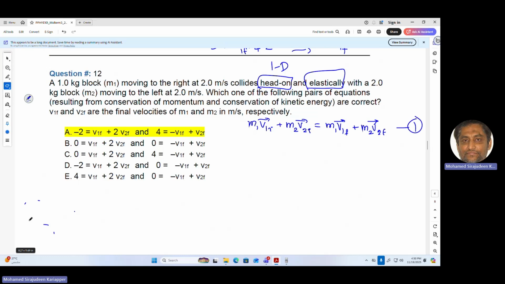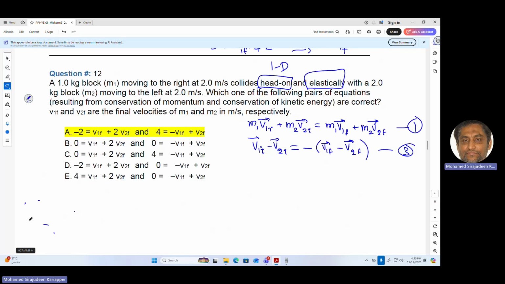We use the momentum equation and the kinetic energy conservation equation and come up with another equation, which is linear, no square term, but a vector equation. This is equation number 3 in your formula sheet. This is equivalent to applying the conservation of kinetic energy. Actually, it's the combination of both, but the conservation of momentum is already there in number 1. So we will say number 3 has the conservation of kinetic energy.